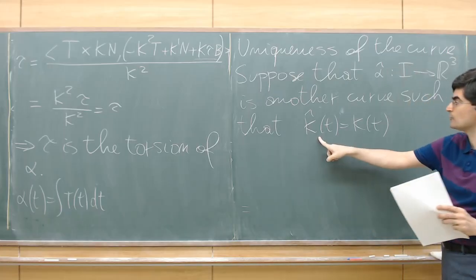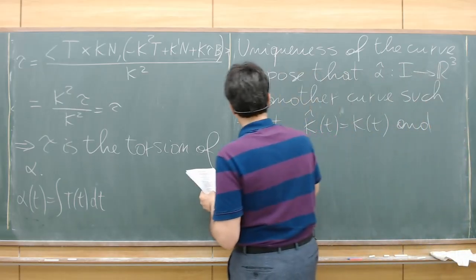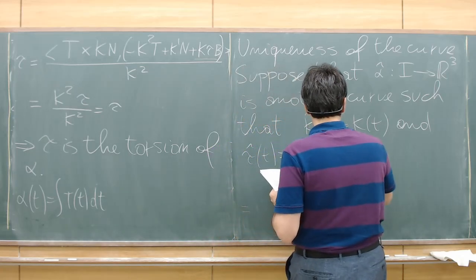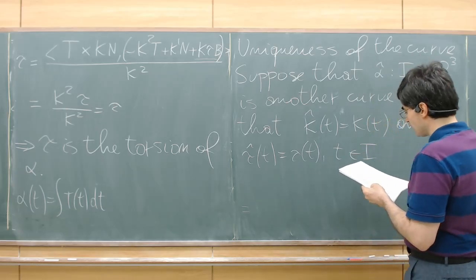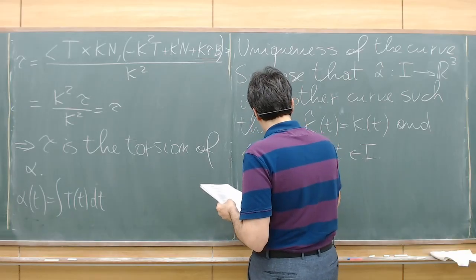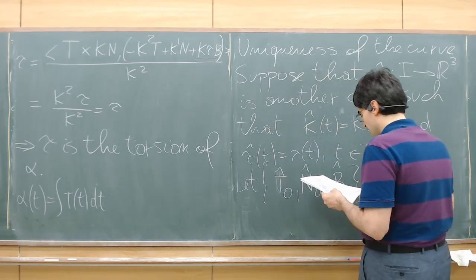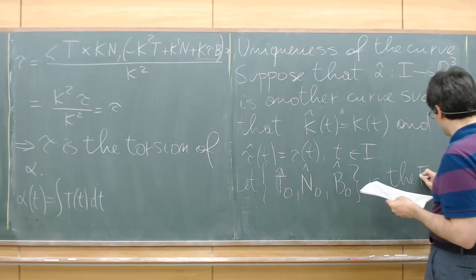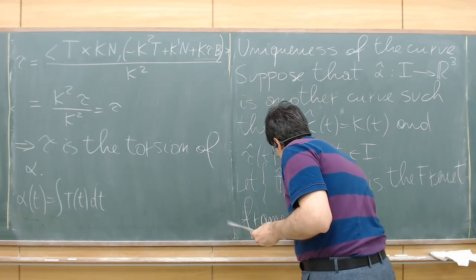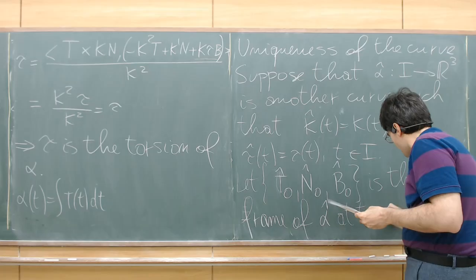So this means its curvature function coincides with the curvature function of alpha, and tau hat of t is equal to tau of t, with t in I. Let's suppose also that T hat at 0, N hat at 0, B hat at 0 is the Frenet frame of alpha hat at time t0.